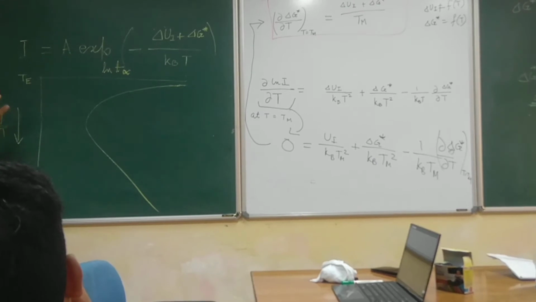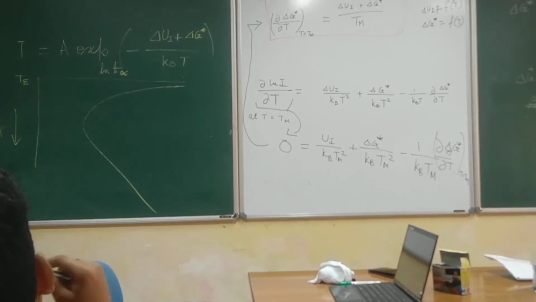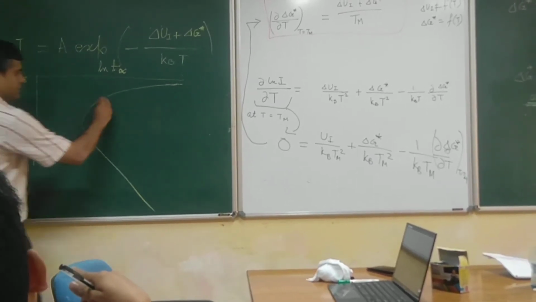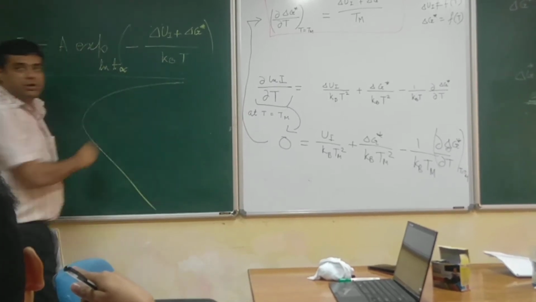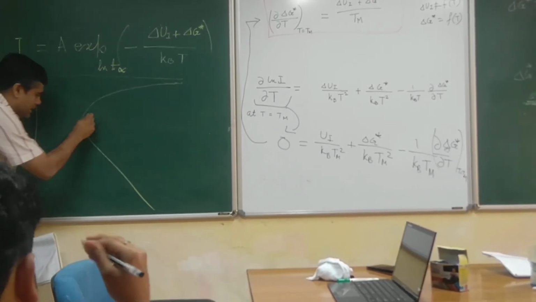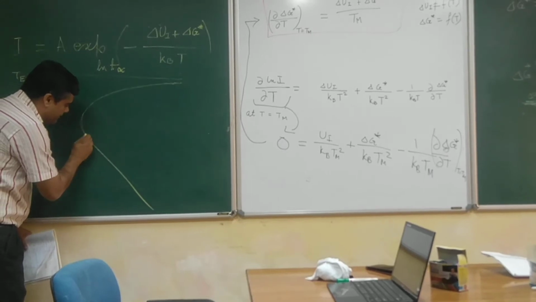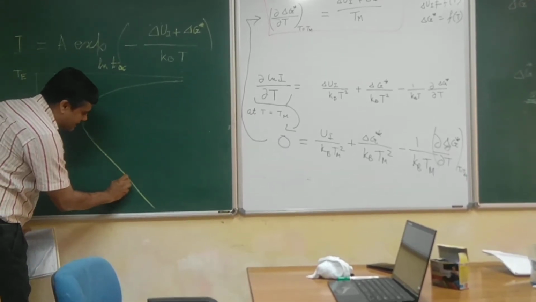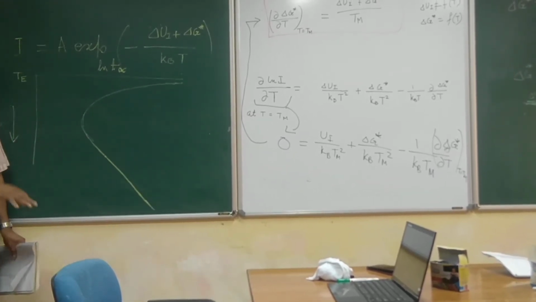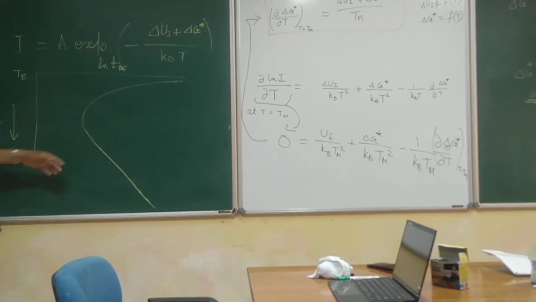If you plot, the same C curve will look like this, where it will be asymptotic to that line, and it will have a linear part, a straight line with a particular slope, when you go down in temperature.